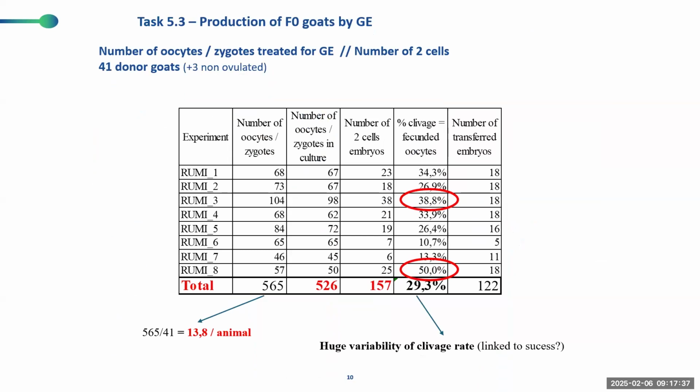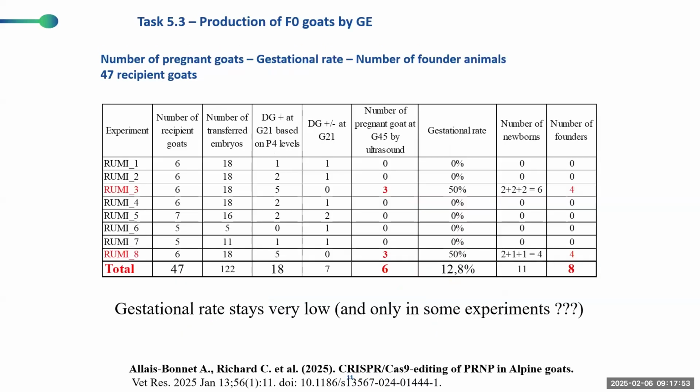It's a cleavage rate of around 30%. But you can see that the cleavage rate is very variable according to the different experiments. And the 2 experiments with the higher cleavage rate are the 2 experiments where we obtained gestation to term.